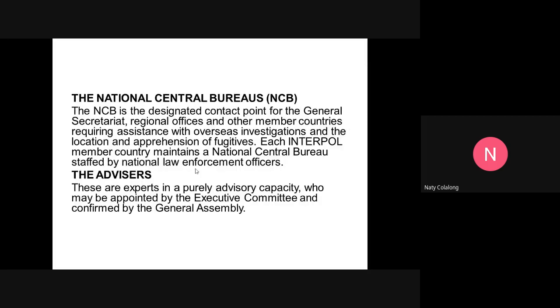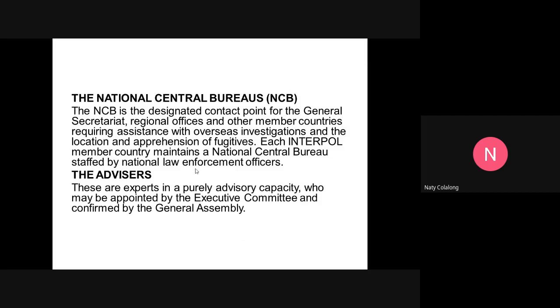Then we have the National Central Bureaus. The National Central Bureau is the designated contact point for the General Secretariat, regional offices, and other member countries requiring assistance with overseas investigations and the location and apprehension of fugitives.